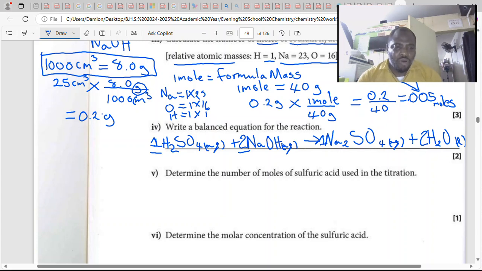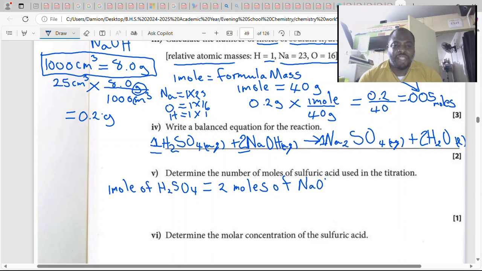So we know 1 mole of H2SO4 is equal to 2 moles of sodium hydroxide.